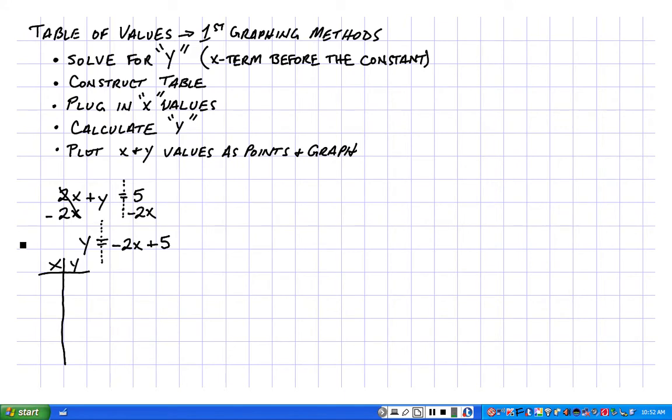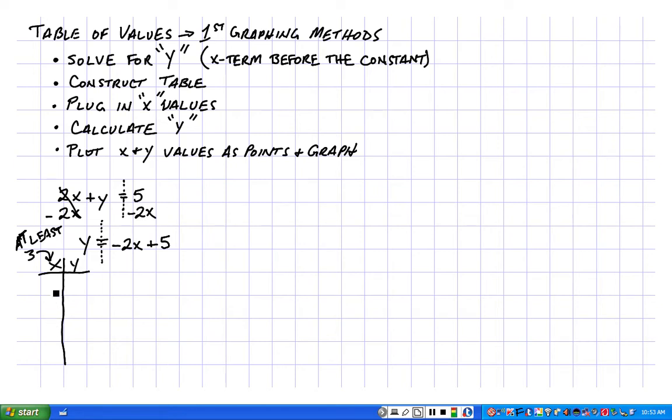At least 3 x values. Now, whatever 3 numbers you put over here for x, you are free to pick any numbers you like.